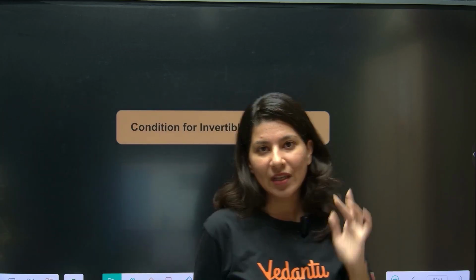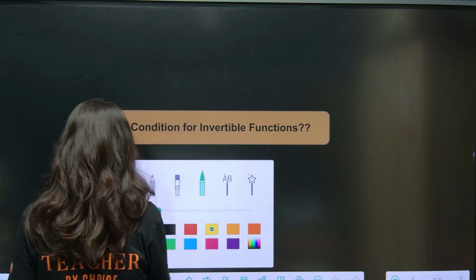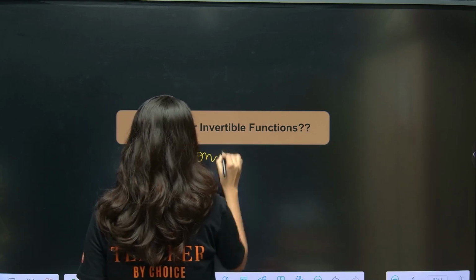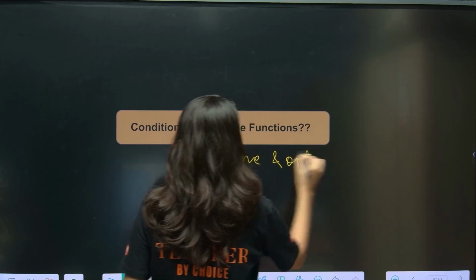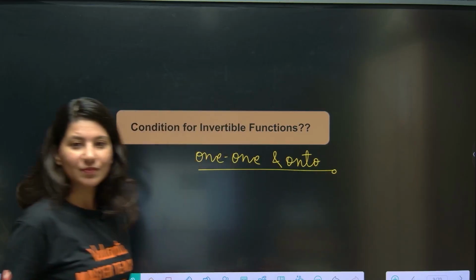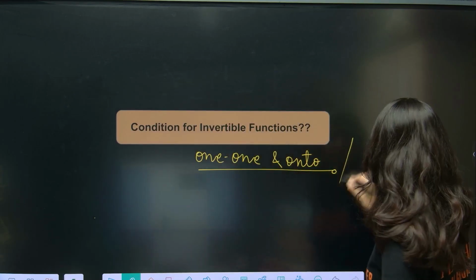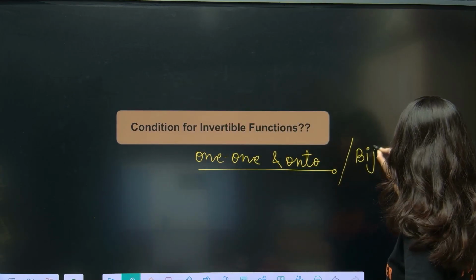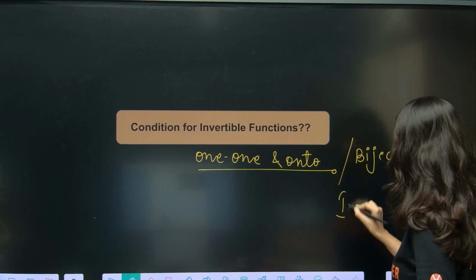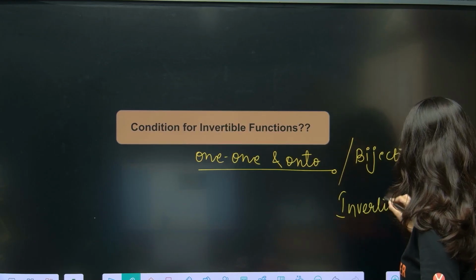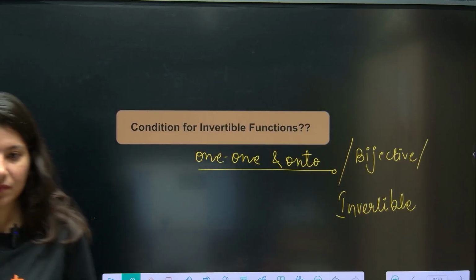The function has to be 1, 1 and onto, yes or no? Your function should be 1, 1 and onto, or you can say the function should be bijective. That function should be bijective, and the function should be invertible, right?